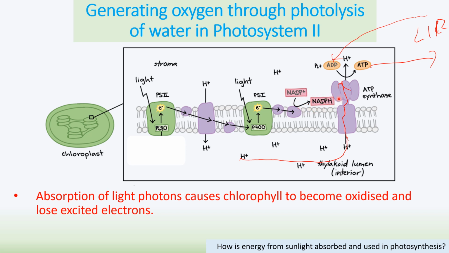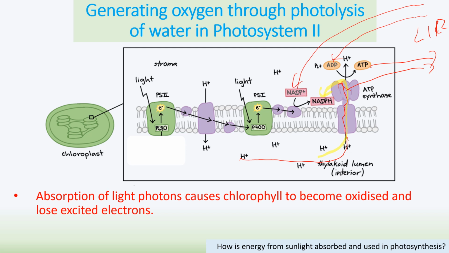The NADP also accepts some of the hydrogens as well to make reduced NADP. That NADP also goes to the light independent reaction, and this has come from that reaction as well.